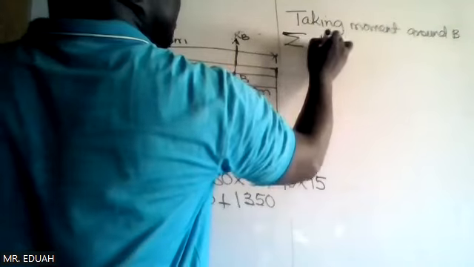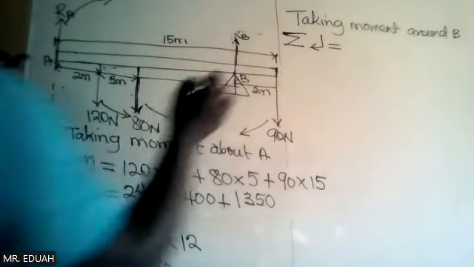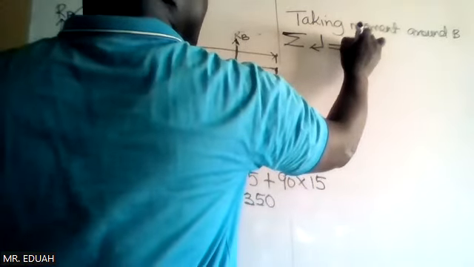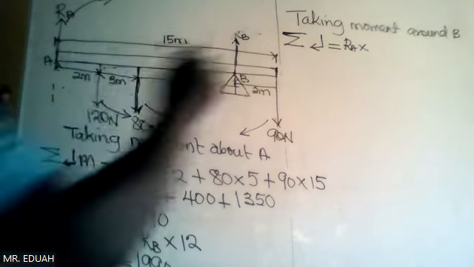For clockwise movement, we have RA times what? RA times 12. Thank you.